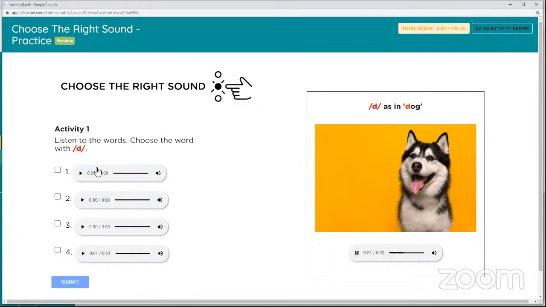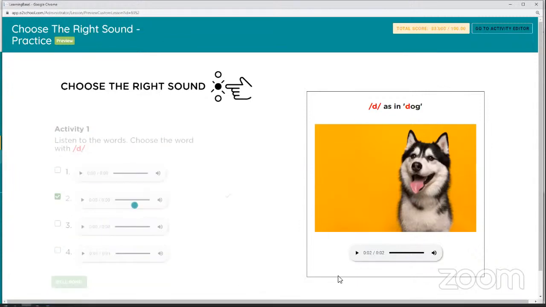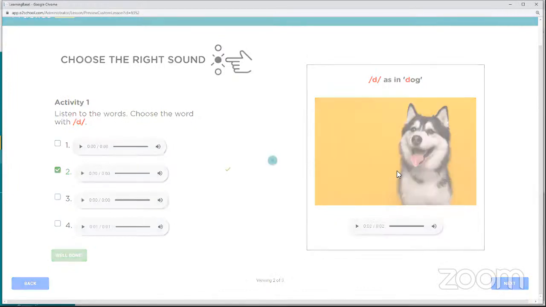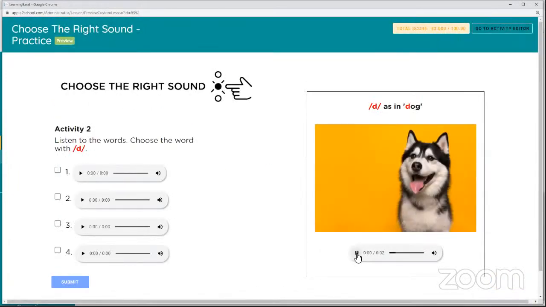D, d, d. Done. We got green, so well done. d, d, d. Do, goo, to, sue.